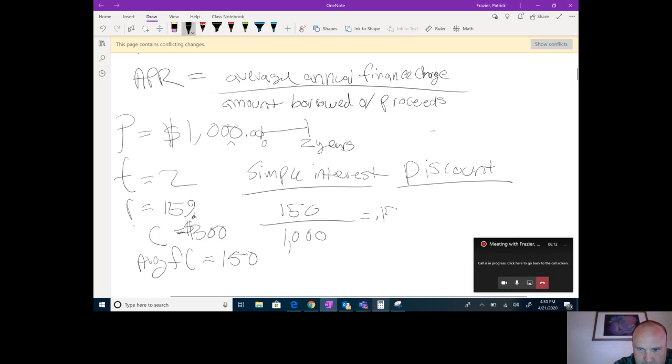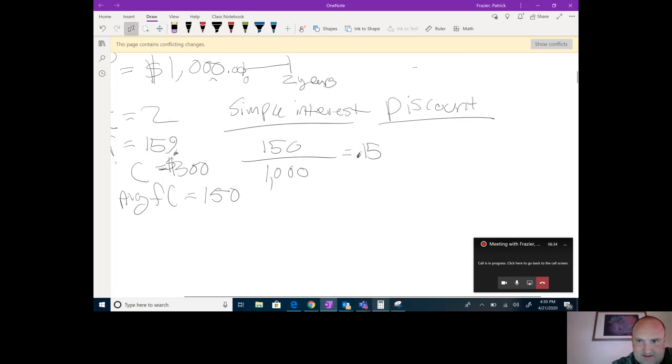Okay, so nice thing is that under the simple interest method, the stated interest rate is always going to be equal to the annual percentage rate. The APR is identical to the stated interest rate. But is that true with the discount method?